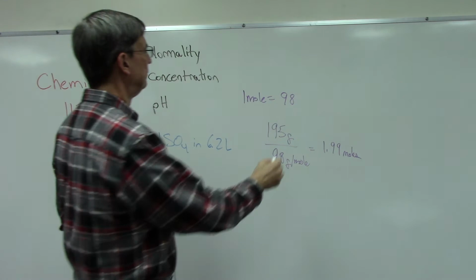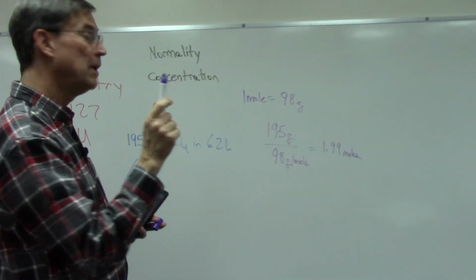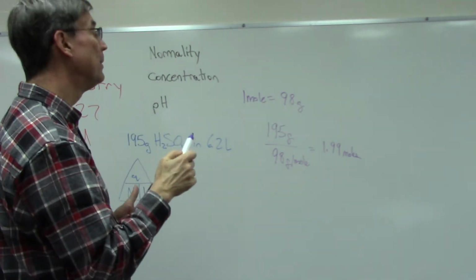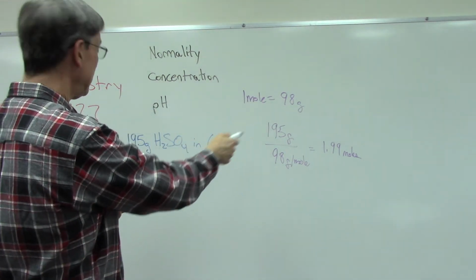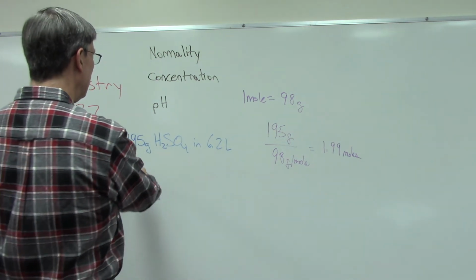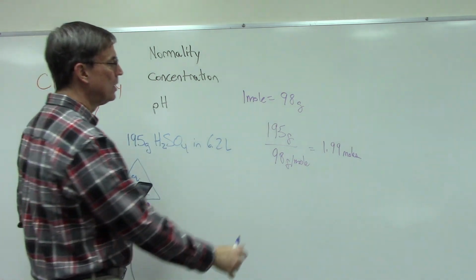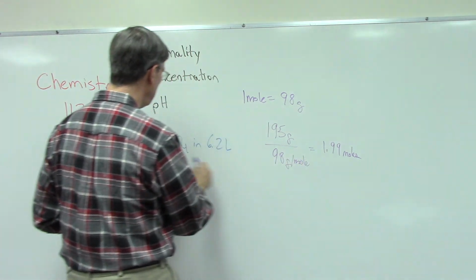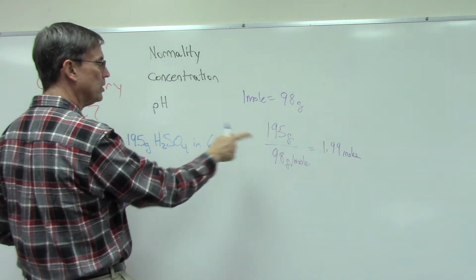Now, that would be if I only had, that is how I could figure out the molarity, by taking that and dividing by the 6.2. But for the equivalence, I actually have to take that times 2 because every mole produces 2 moles of hydrogen, or 2 equivalents per mole.